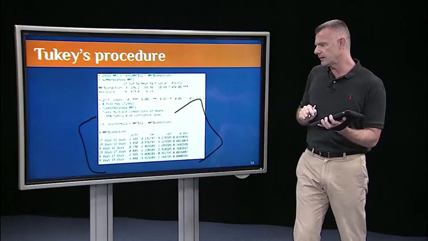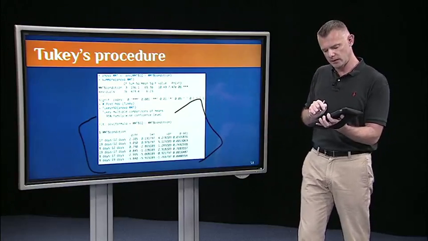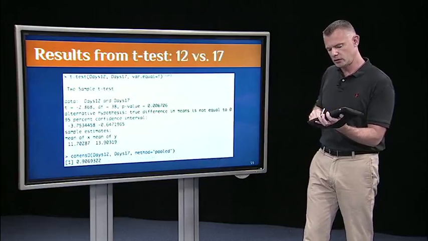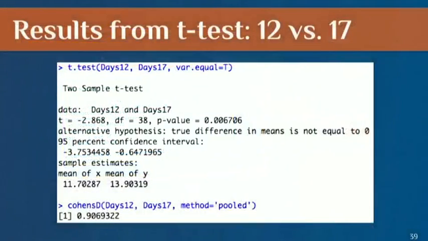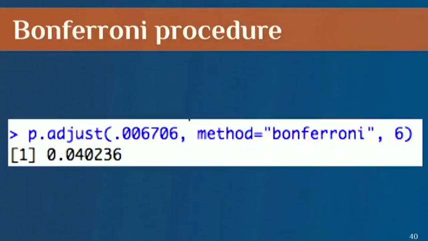Again, I'm going to compare that 17 days versus 12 days p-value to the results from the independent t-test, where there's no adjustment. And now let's compare that to the Bonferroni procedure. We'll do this in lab. There's a function in R called p.adjust, and this is a way to adjust your p-values.